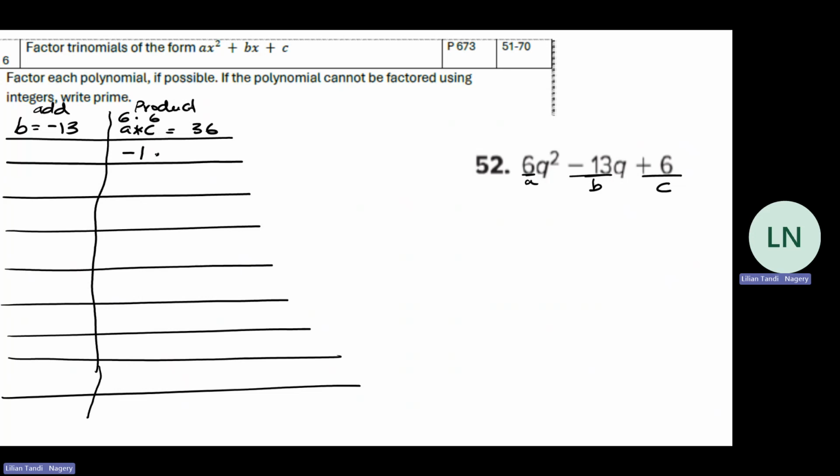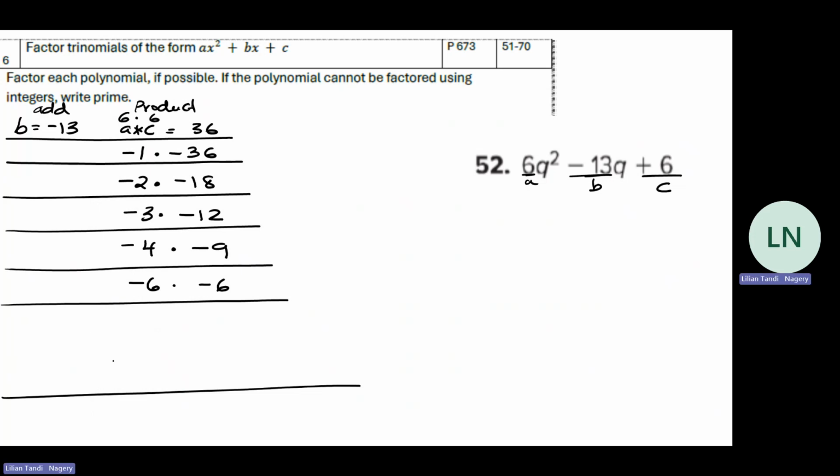So -1 times -36. -2 times -18. -3 times -12. -4 times -9. -6 times -6. So there's no other numbers after that. Okay, so I don't need this. Okay, I will stop there.